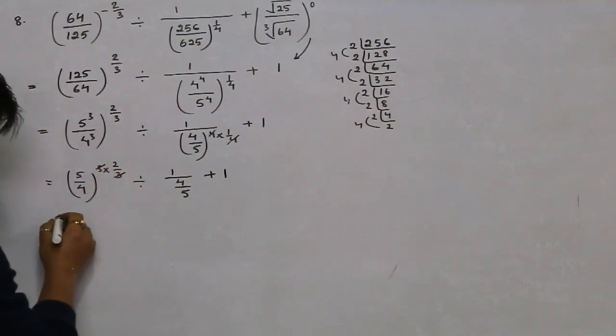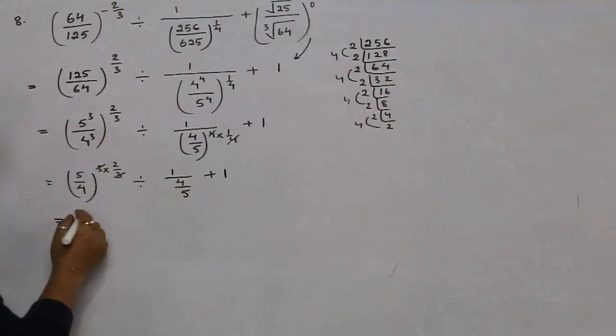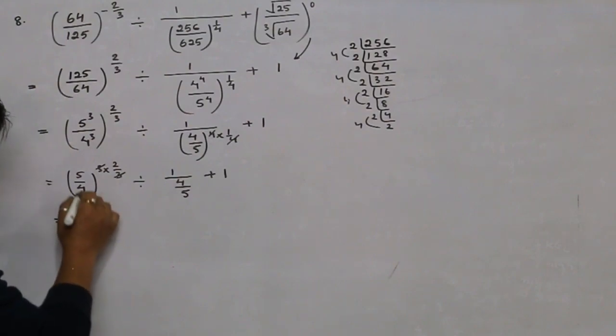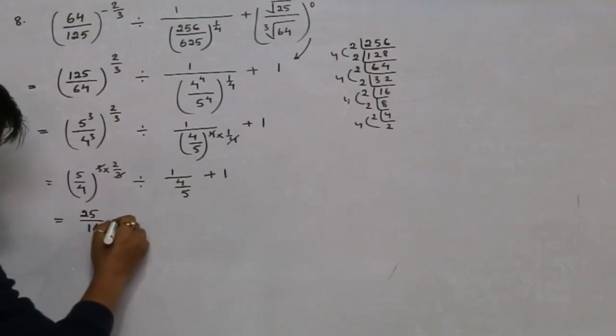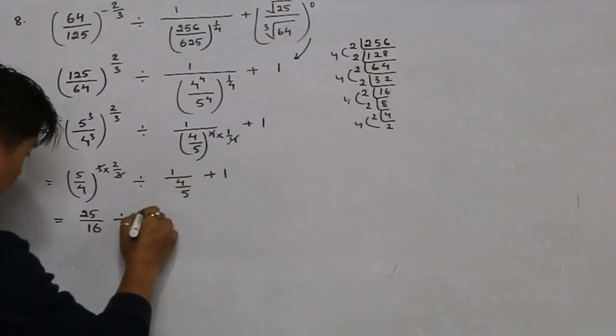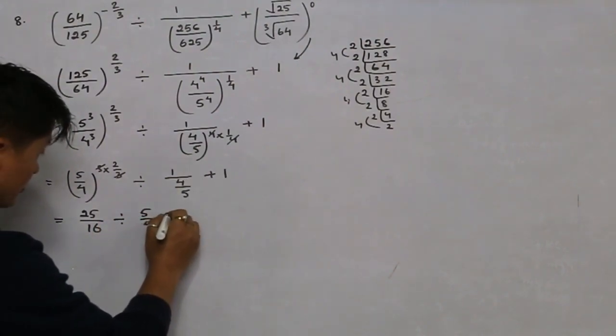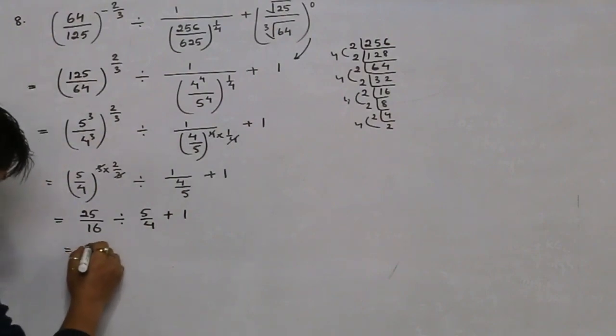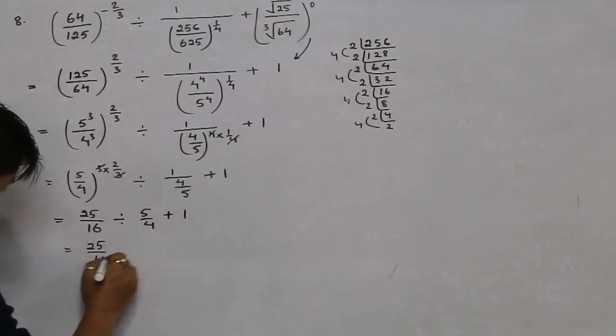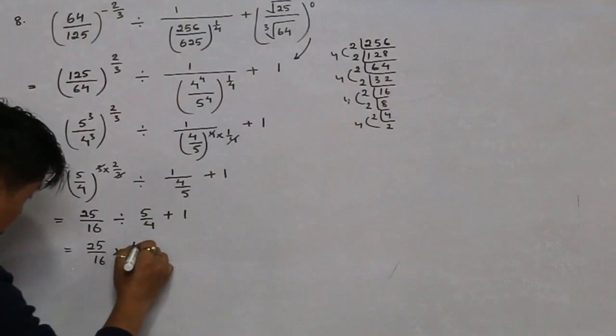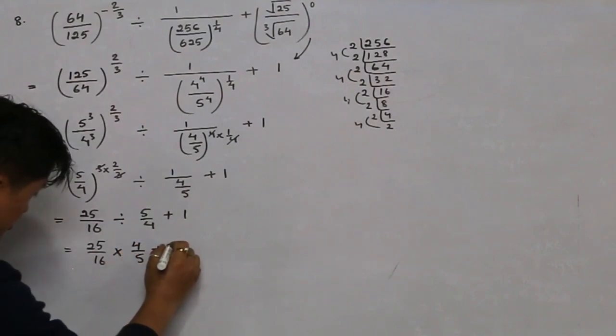These 2 will get cancelled. So 5 to the power 2 is 25, 4 to the power 2 is 16, divided by 5 will go up, 5 upon 4, plus 1. This is equal to 25 divided by 16 into, this will be reciprocal, 4 upon 5, plus 1.